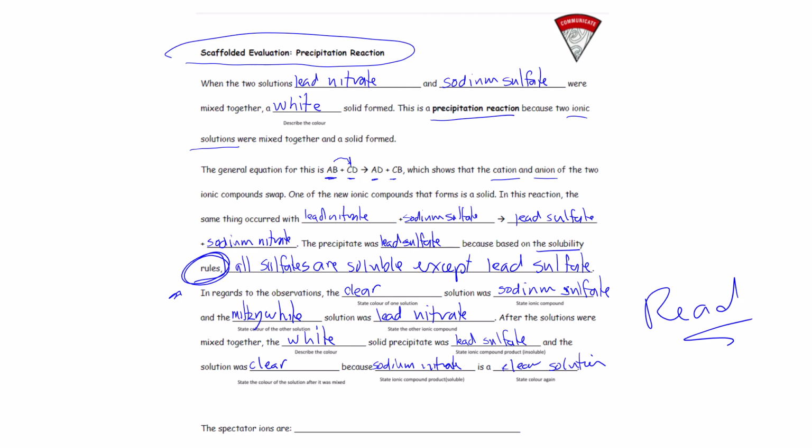Got to read it carefully. So we started out with these ions: lead ions and nitrate ions, sodium ions and sulfate ions.